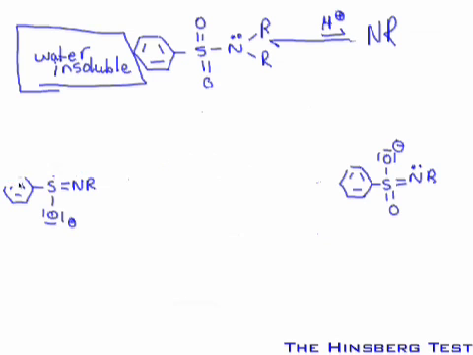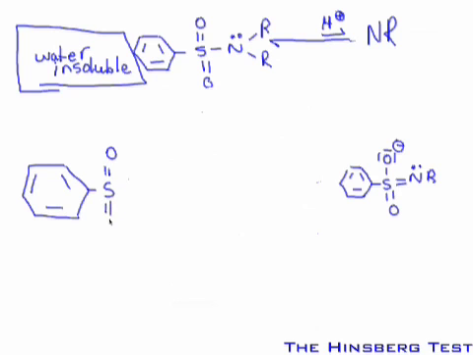Well, let's draw it over here. A tertiary amine has come in and added benzene sulfonyl chloride, and it can't be deprotonated because it has 3 R groups. You can't lose a proton, so it's positively charged.